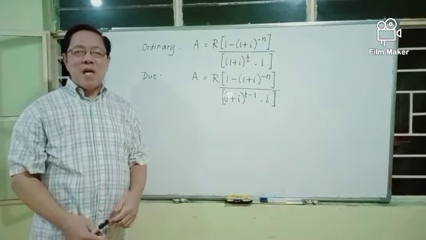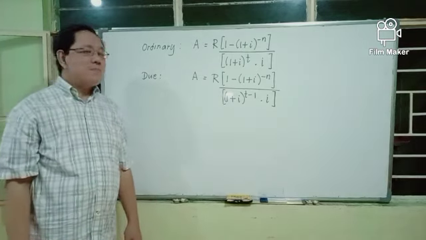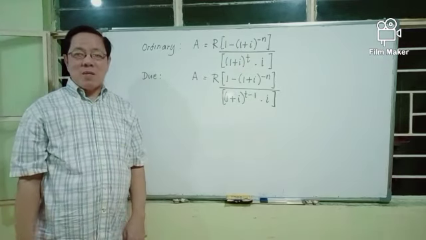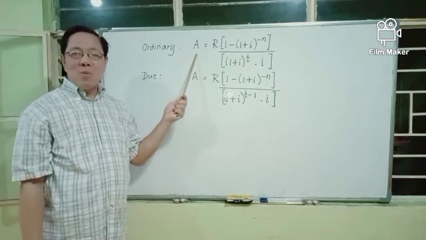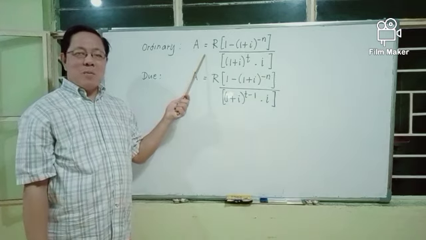If in deferred annuity, the regular payments are made at the end of each periodic interval, then that annuity will be treated as ordinary annuity. But the formula for computing the accumulated value of the deferred annuity is given by this formula.